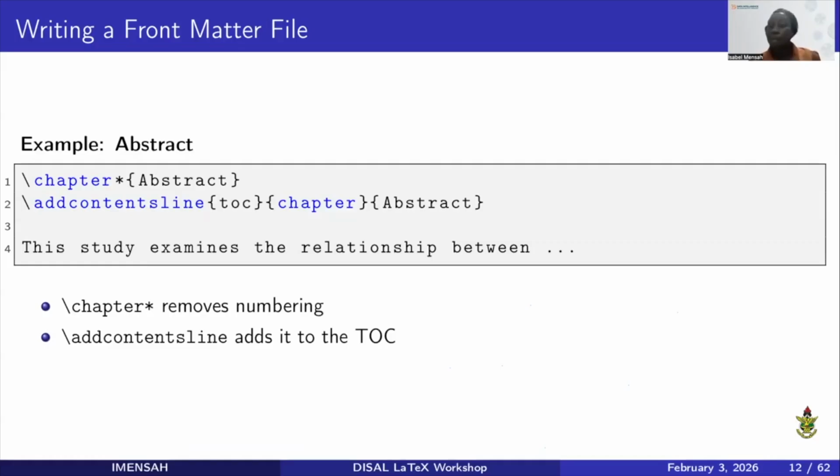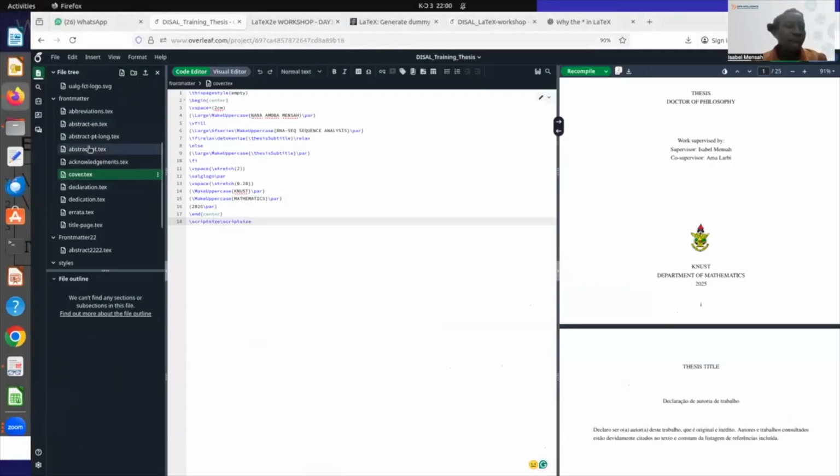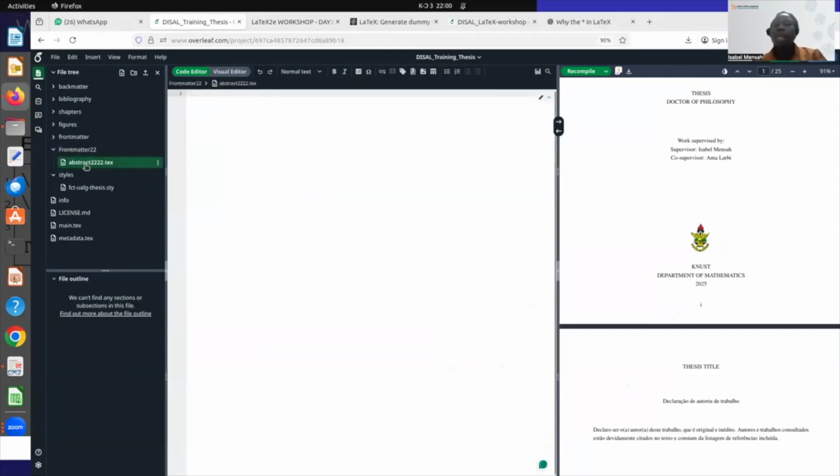Now, when you pick each of the files in the front matter, for example the abstract, it's usually a blank page, because when you create it, like what I created, I created front matter 2.2 and the abstract. When you create the file, it's a blank page.